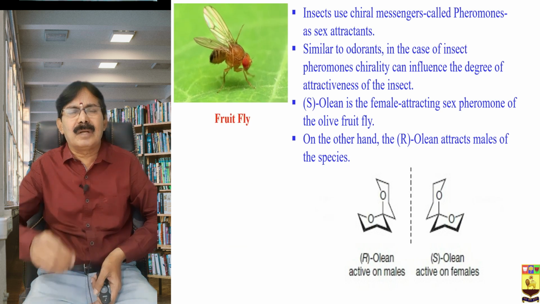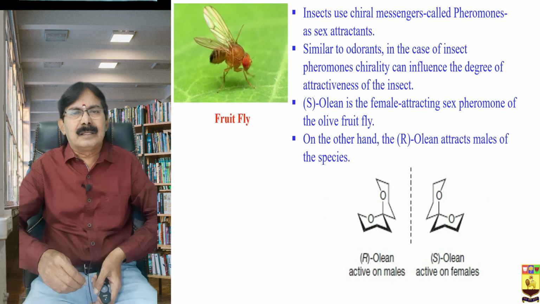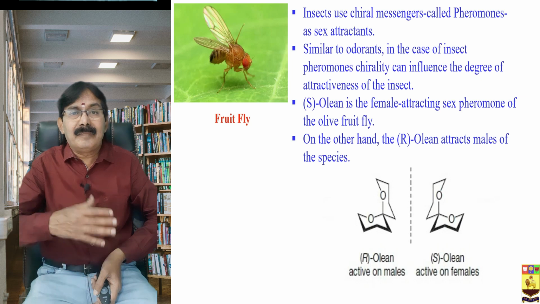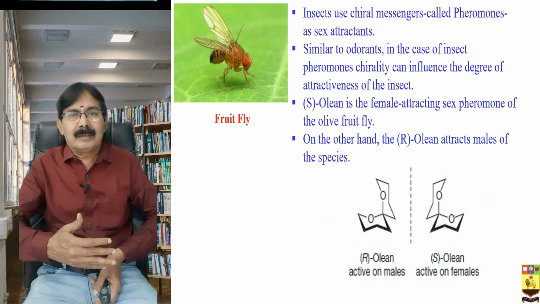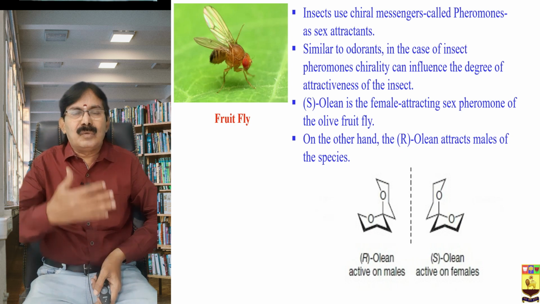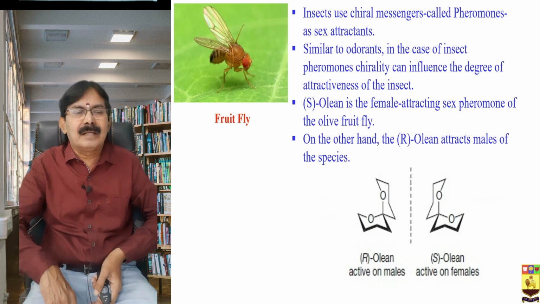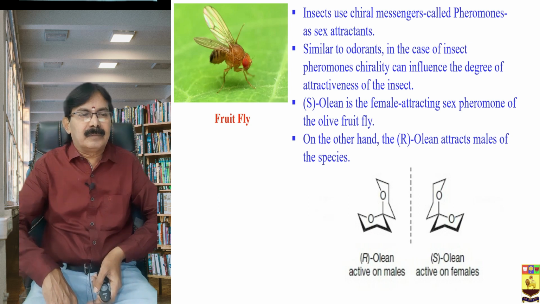So such wonderful things are done by asymmetry. These all occur in nature. What we are doing is imitating nature and using asymmetric synthesis to prepare these compounds.